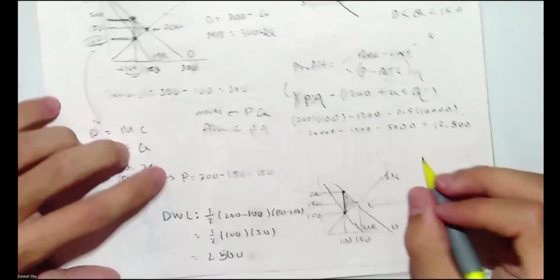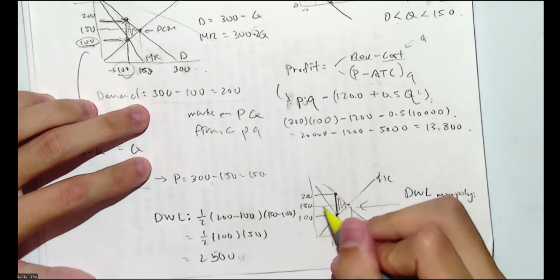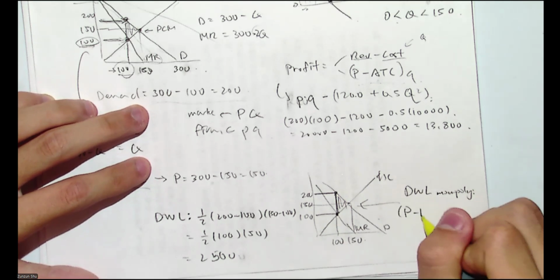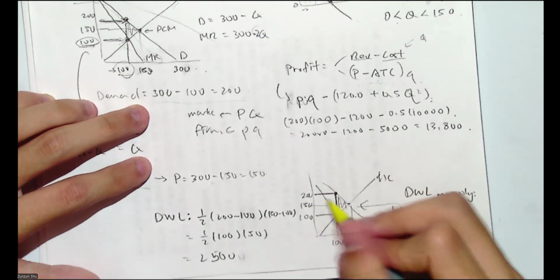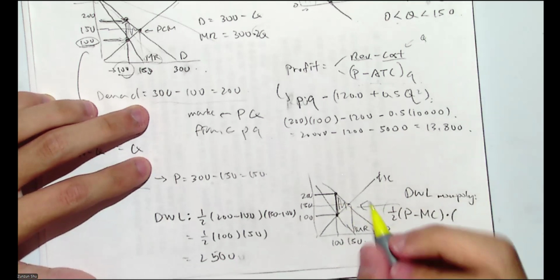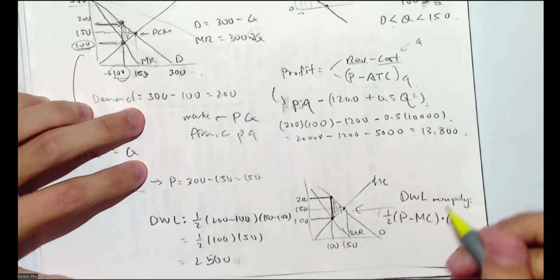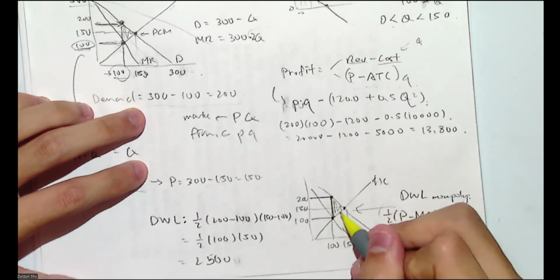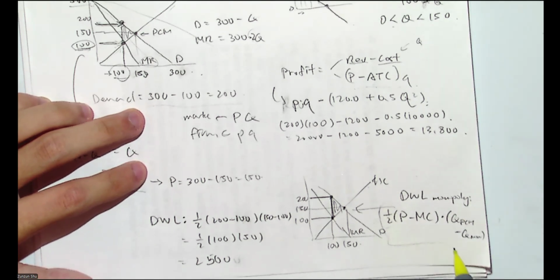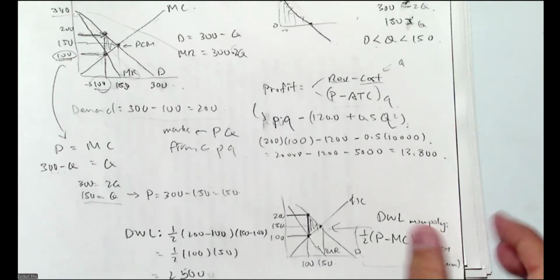The formula for deadweight loss in a monopoly is going to be 1/2, because it's a triangle, times P minus MC, times your original equilibrium quantity, in other words your quantity when it was a perfectly competitive market, minus your quantity now at a monopoly. You could also know this formula, but it's not mandatory, and in the end, it's actually not even that helpful. As long as you have the triangle drawn out, you'll get it.